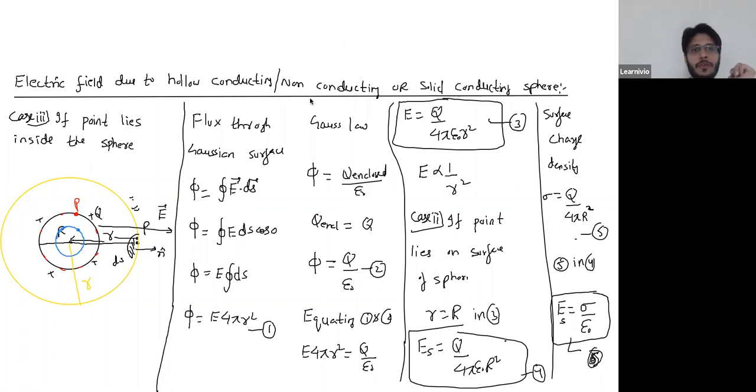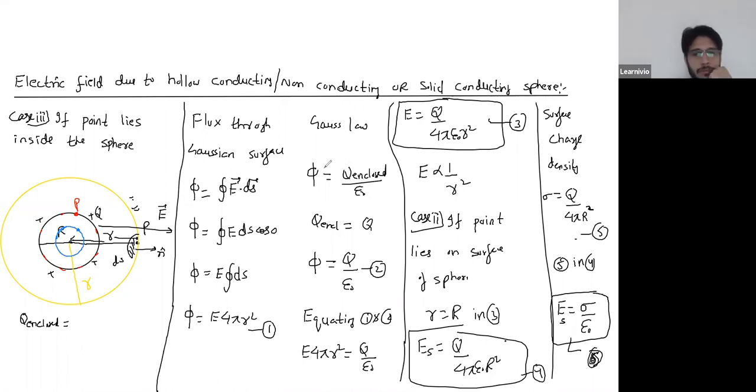Now, can you guess, Afroza, what should be the Q enclosed, value of Q enclosed now? The point is inside, your Gaussian surface is inside. What should be the value of Q enclosed now, Afroza?